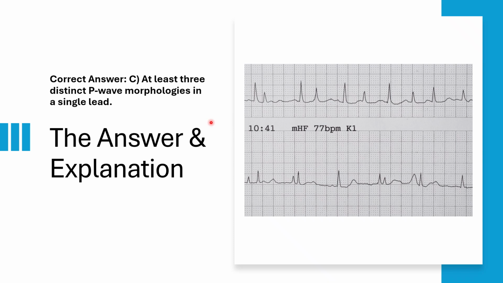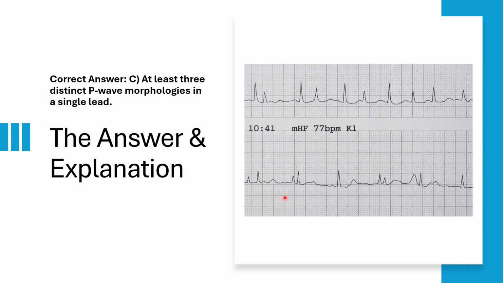The correct answer is C, at least three different P-wave morphologies in a single lead. So if you go back to that slide, you would notice that there were three distinct P-wave morphologies in the single lead. A similar EKG is shown here too, demonstrating multifocal atrial tachycardia.